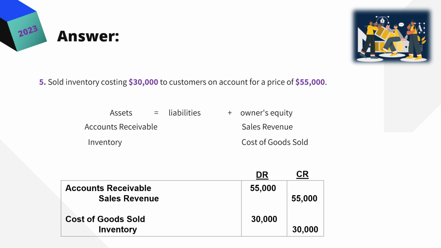It is a legitimate asset, even though it's not tangible. It's merely a right. Because that's an increasing asset, we'll increase assets by debiting accounts receivable. We also have inventory going out. The outflowing inventory, amounting to $30,000, will be reflected as a credit, an outflowing or decreasing asset.